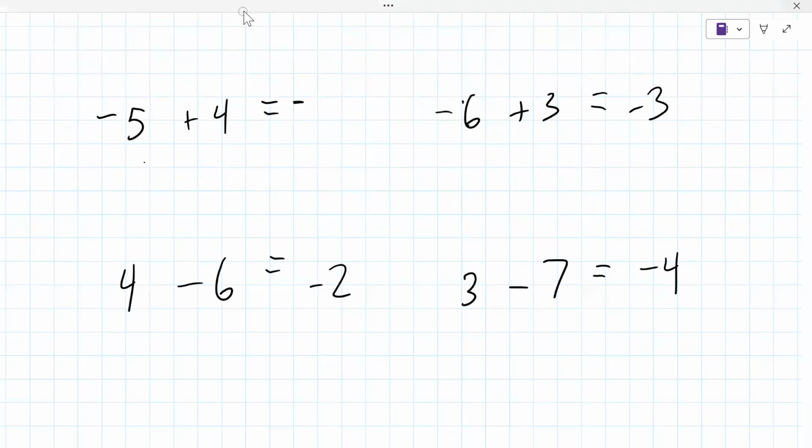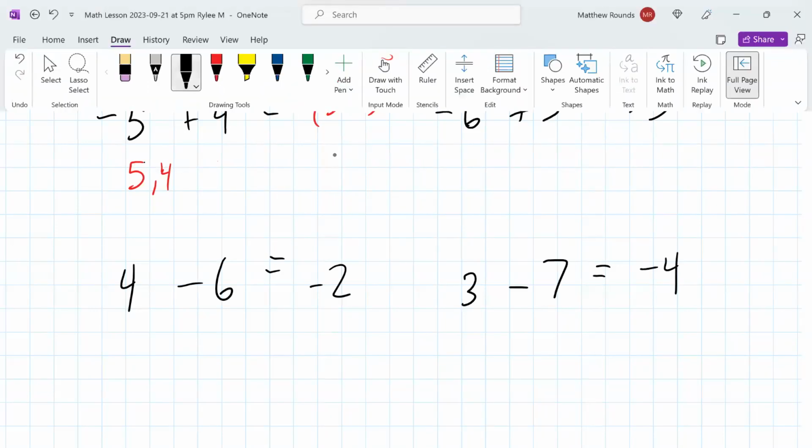Now look at the numbers without the signs. So 5 and 4. What is the step here with the two numbers? We subtract them. Okay, 5 minus 4. 1. Okay, yeah, I agree. Negative 1.